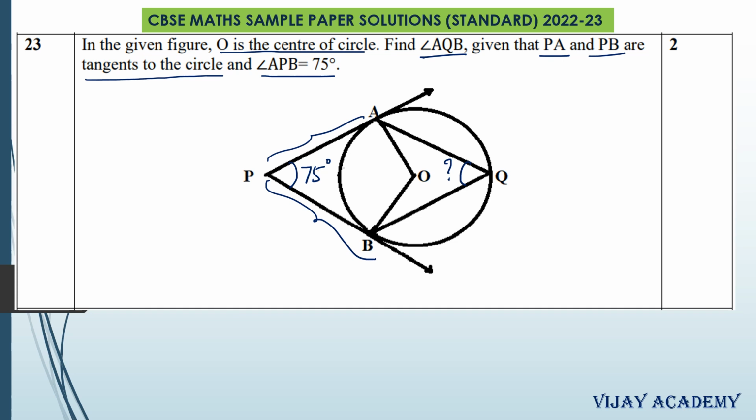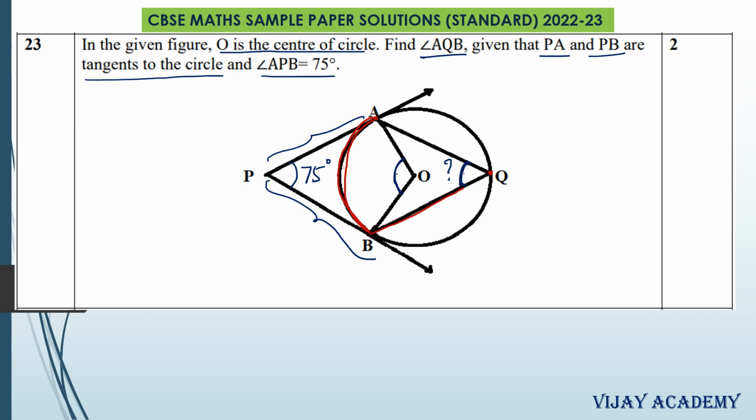So now let us compare the angle AOB and AQB. So what is the relation between angle AOB and angle AQB? Angle AOB and angle AQB, both of them are subtended by the same arc AB. So look at the arc AB.